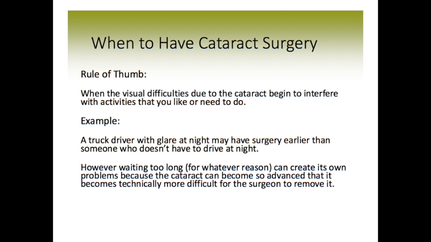So, for example, a truck driver with glare at night may have surgery earlier than someone who doesn't even drive at night. The glare to them would obviously interfere with their work, and it's a moot point if you're not driving, if that's the only symptom you have at night is the glare.